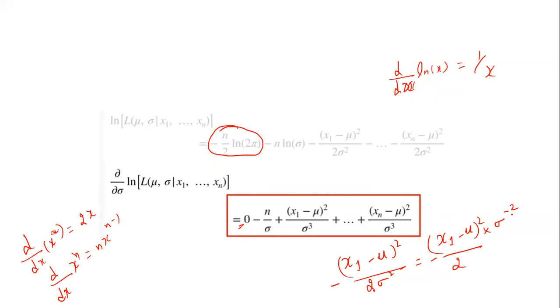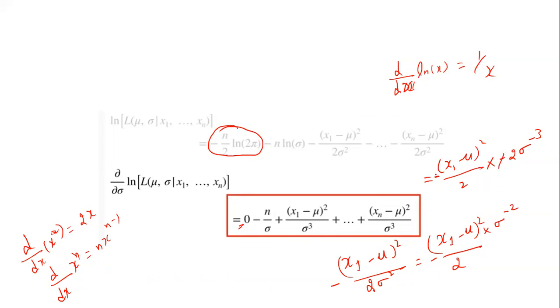Now when you take the derivative of this, what will you get? Everything else is constant: x1 minus mu the whole square divided by 2, with the minus sign, is a constant, into minus 2 sigma to the power minus 2 minus 1, which is minus 3. So it is minus 2 into sigma to the power minus 3.